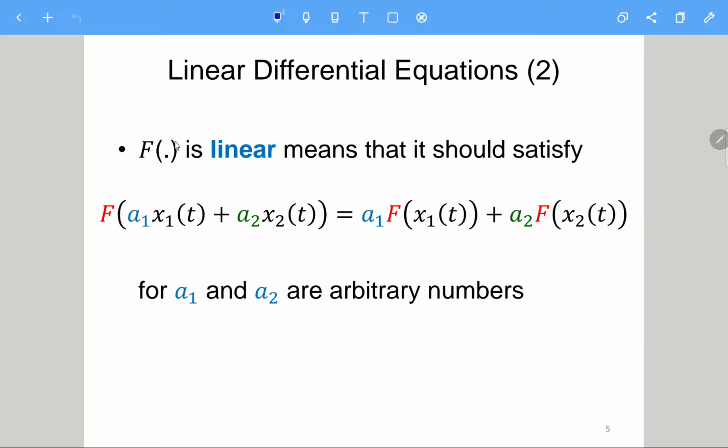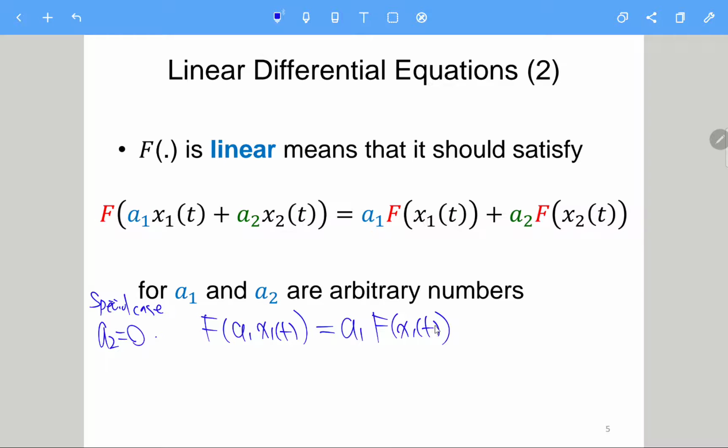I can show you a special case. If a2 is 0, then this term vanishes. So we have f of a1 x1 of t equals a1 times f of x1 of t.